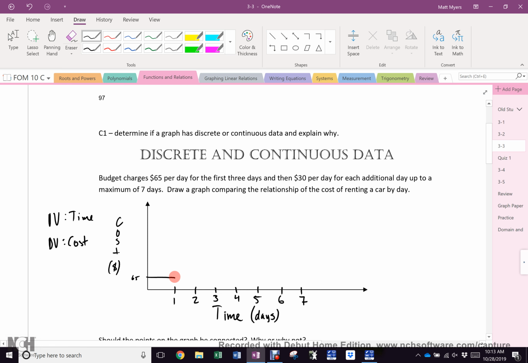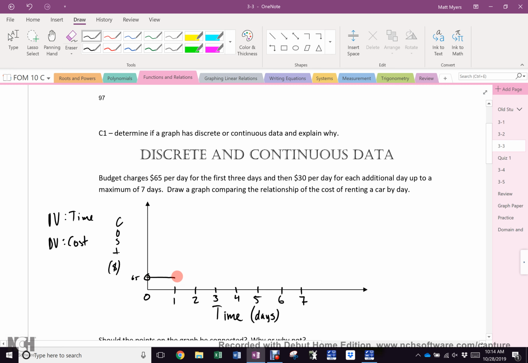Now, let's talk. What kind of dots do I need to put here? Open or closed? On both ends of this need to be closed? So if I rent a car for 0 days, I got to pay him $65? So this one's open. What's this one?